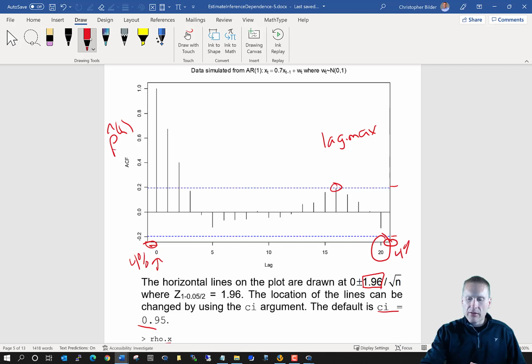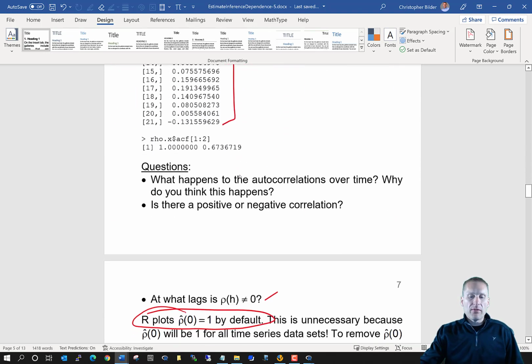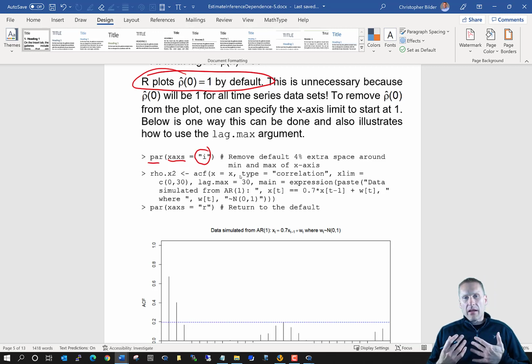It extends it out 4% more as well, relative to the entire plot. So to tell R, hey, don't extend it out at all, I can use the par function, similar to what we've seen before, and for my x-axis, use the argument "i". And what "i" corresponds to is simply remove that default 4% extra space.